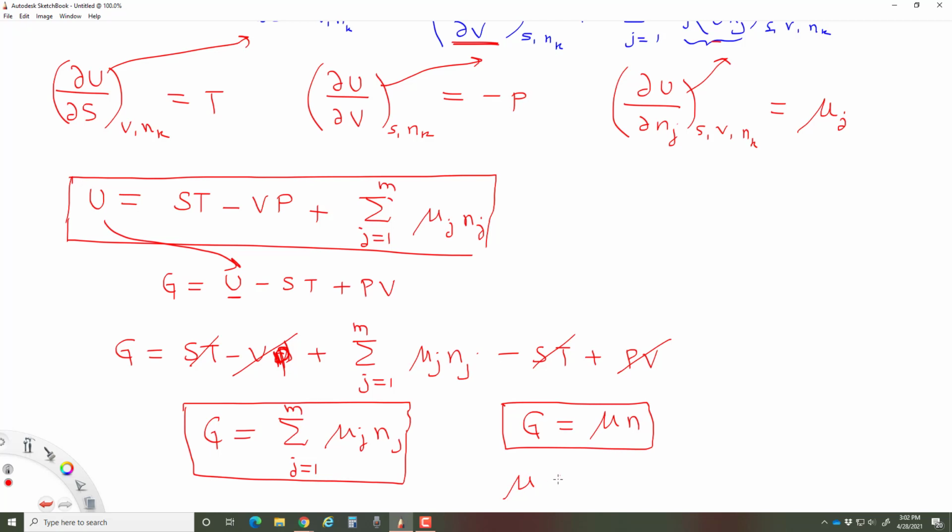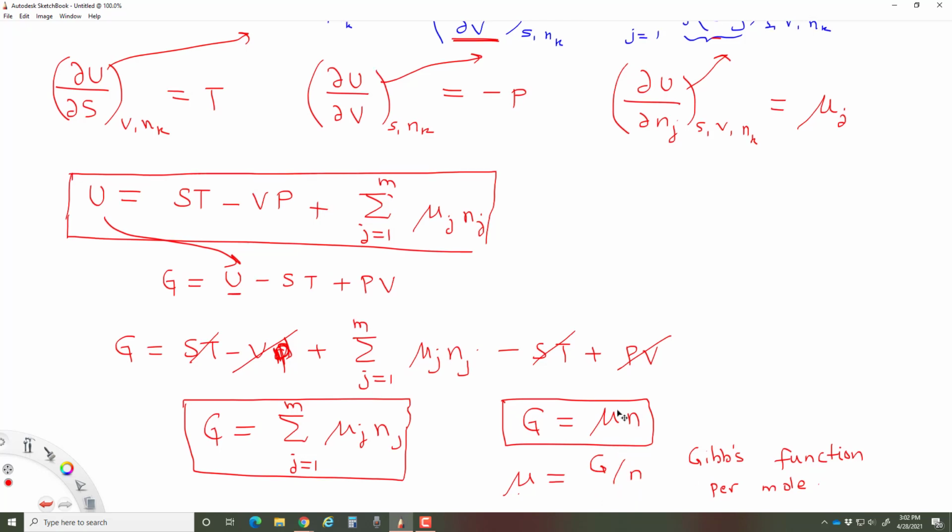This chemical potential mu would then be G over N. So basically we can also define mu, or chemical potential, as Gibbs function per mole.